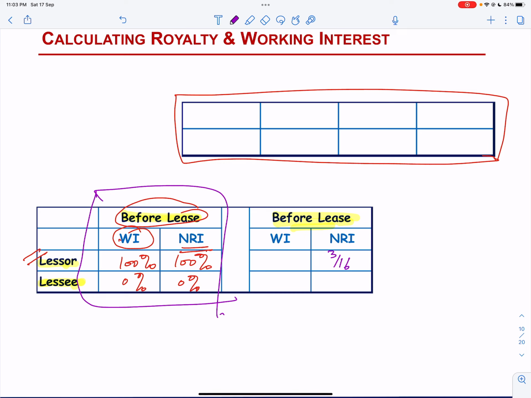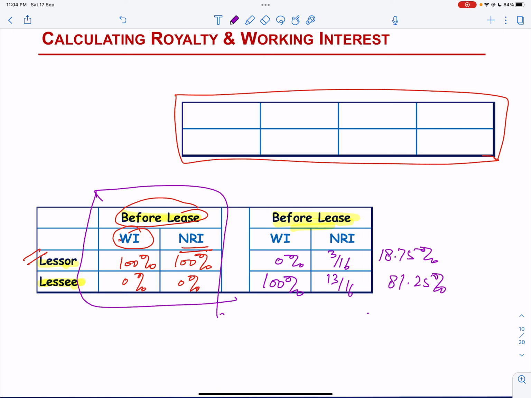However, after the lease, the lessor is again going to have 0% working interest, and they will have 3/16 of the net revenue interest, which is equal to 18.75%. The lessee is going to own 100% of working interest and 13/16 of the net revenue interest, that is 81.25%.